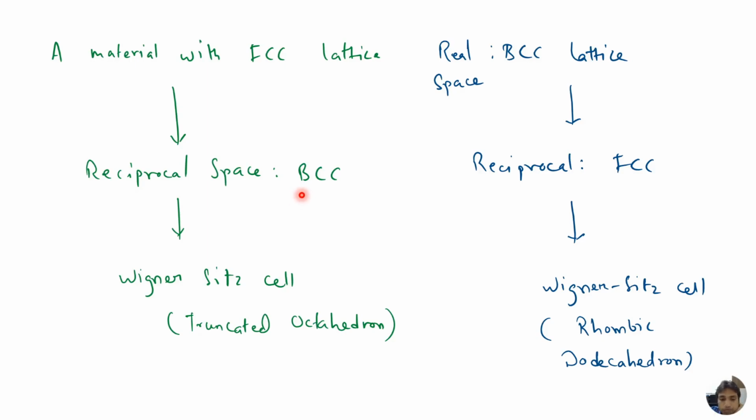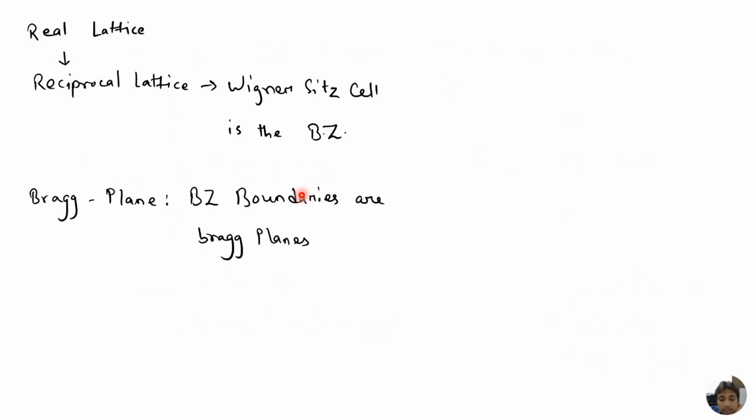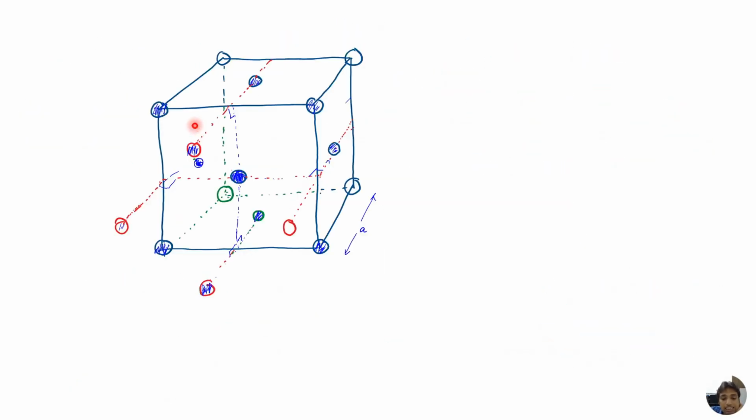When we say that we have a lattice, we have lattice points; these are lattice points here. Now if there are some atoms placed at these lattice point locations, then we say that this is a real space lattice.